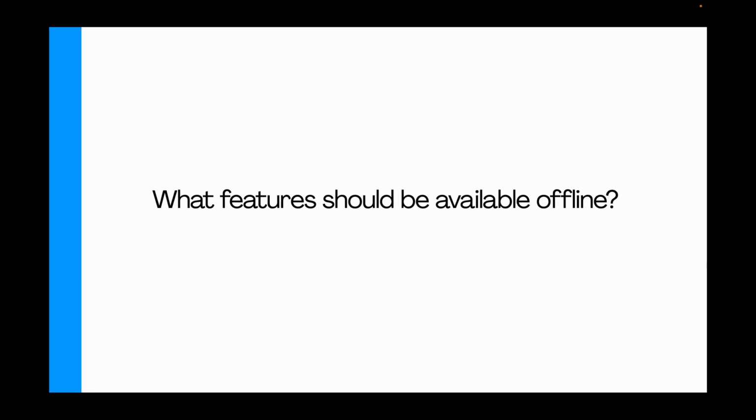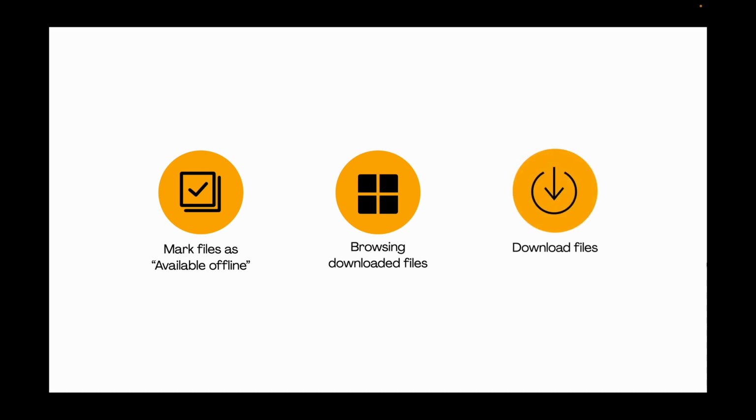The next big topic is an offline mode. What features should be available when users don't have an internet connection? Users should be able to mark files as available offline. Users can browse downloaded files, and they can download these files.